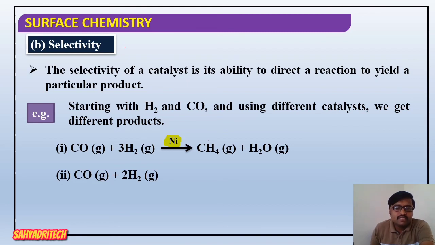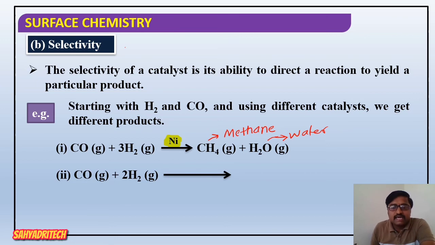When you use nickel as a catalyst, it's a formation of methane and water. Carbon monoxide reacts with hydrogen in presence of nickel to give methane and water vapors. Catalyst nickel, product methane and water.